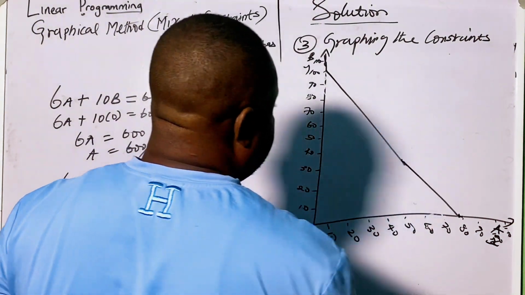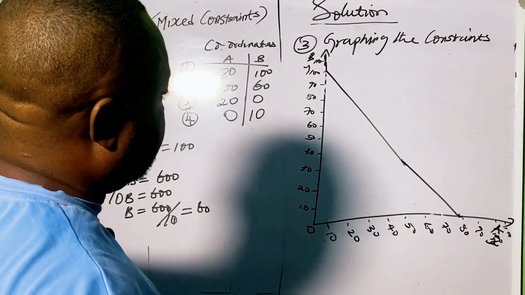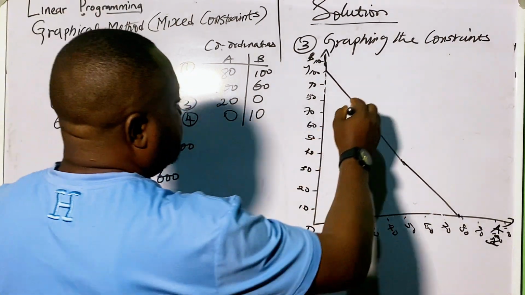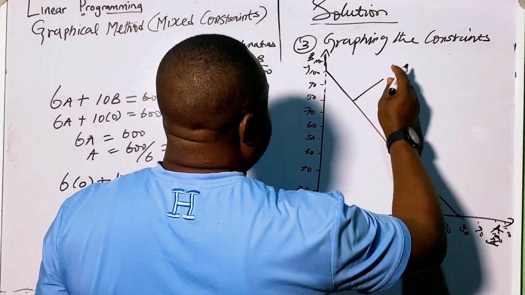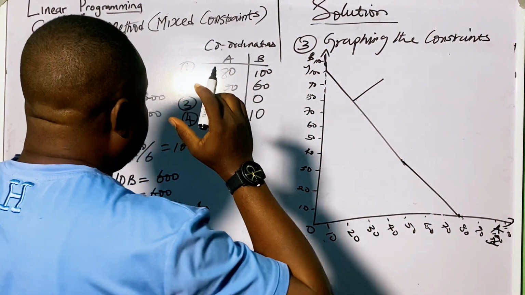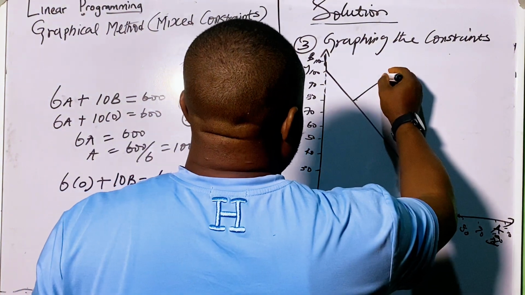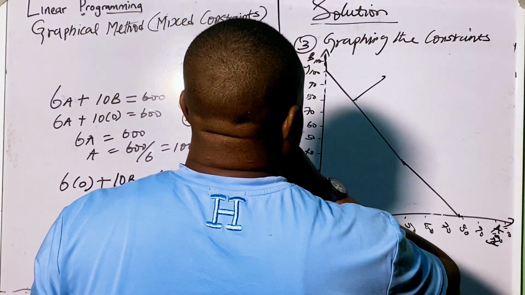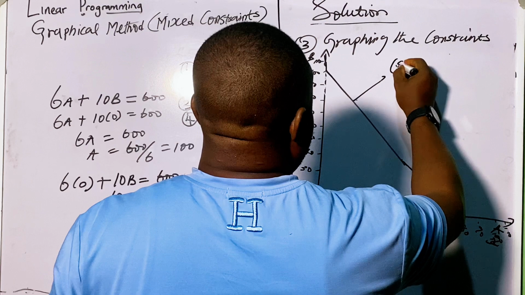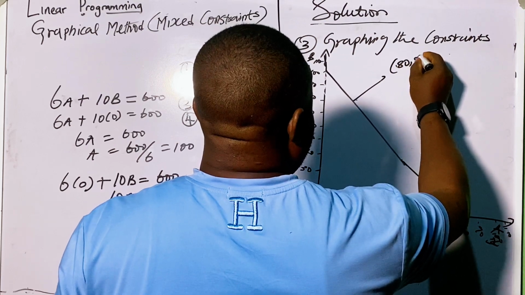Of course, if you use graph paper, it's just going to guide. This is the line of the constraint equation. So we have 80 and 100.